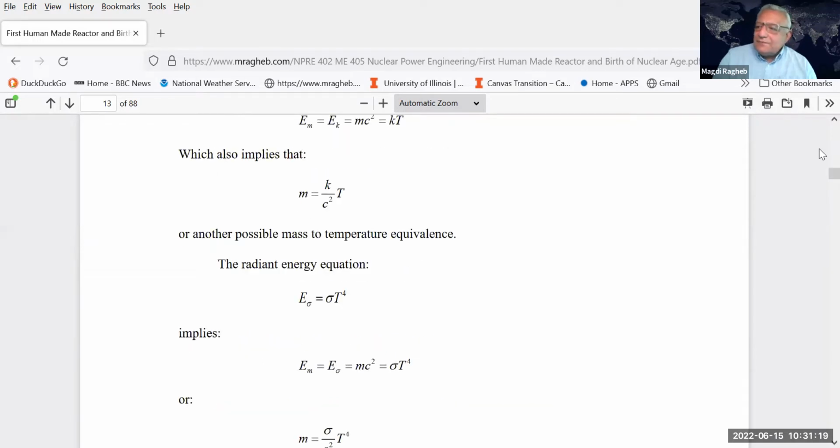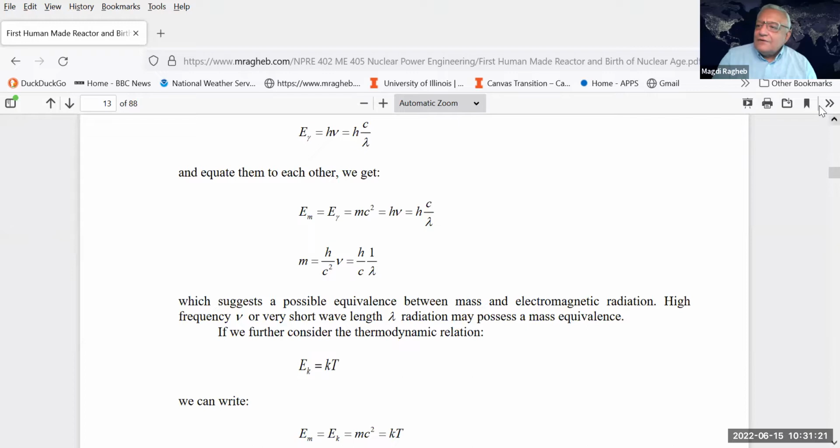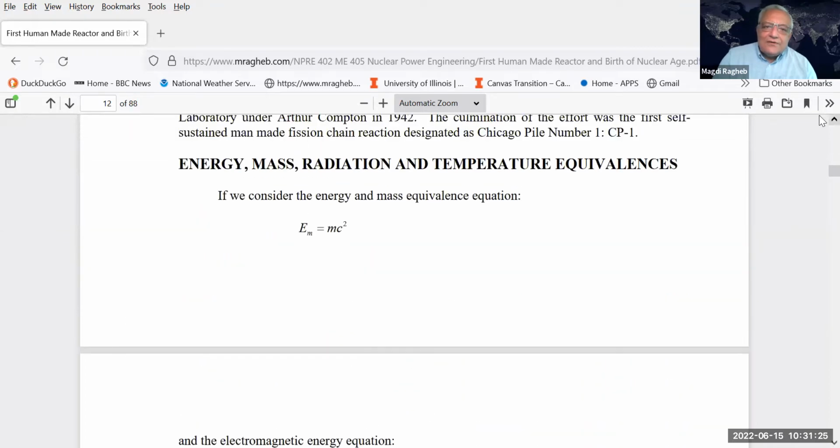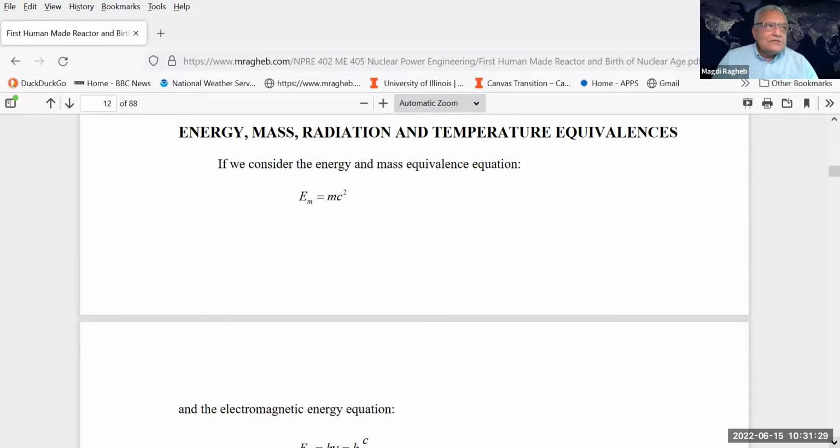One interesting implication will be discussed later, where we talk about the major part of the mass of the universe being what we call dark matter and dark energy. And it doesn't have to be mass.